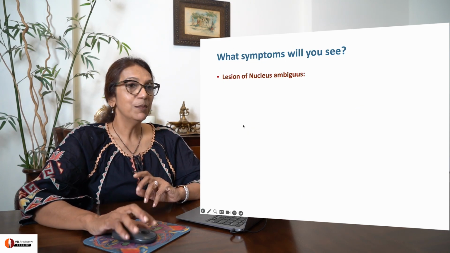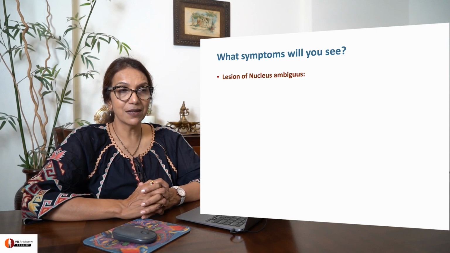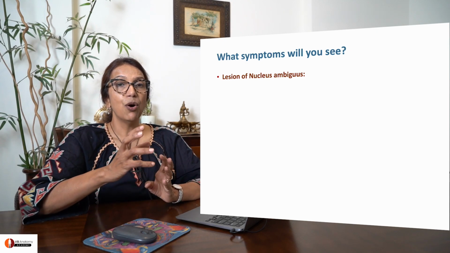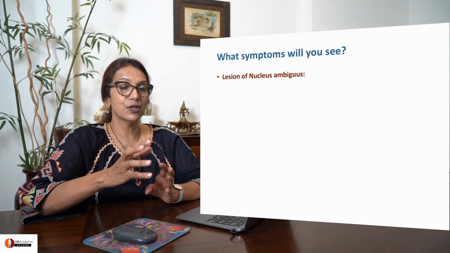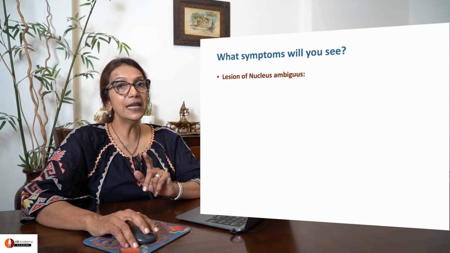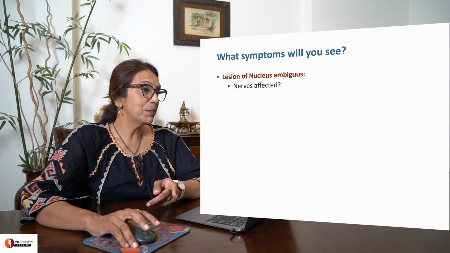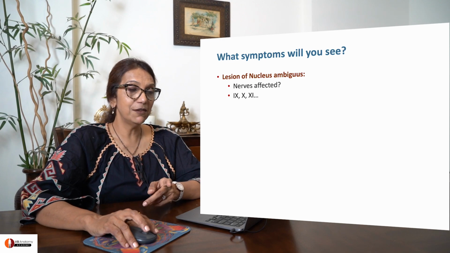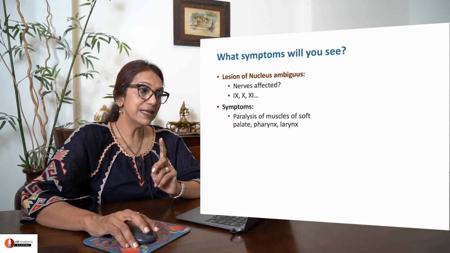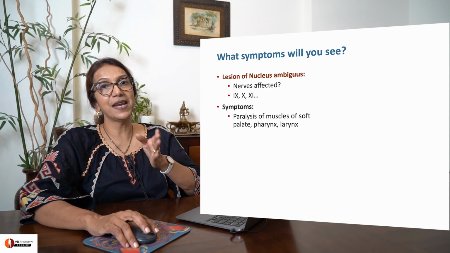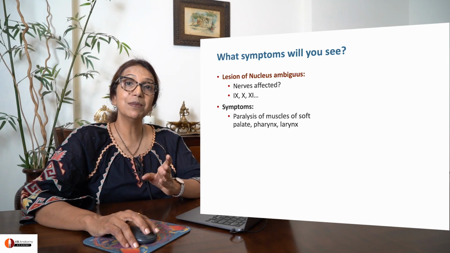Because the nucleus ambiguus is affected, all the muscles of the branchial arches supplied by the 9th, 10th, 11th cranial nerves will be paralyzed on the same side. That means paralysis of muscles of the soft palate, pharynx and larynx on the same side.